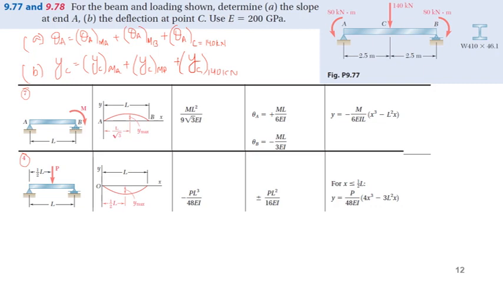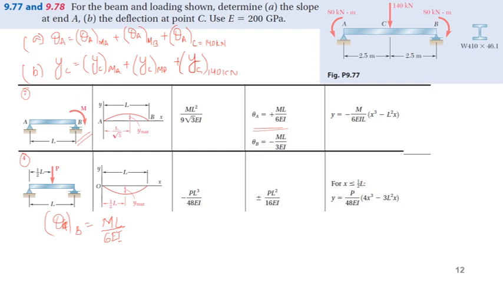for appendix T, case 7, so considering this load, that is moment, we are considering moment at B. So theta A due to moment at B will simply be equal to ML divided by 6EI.